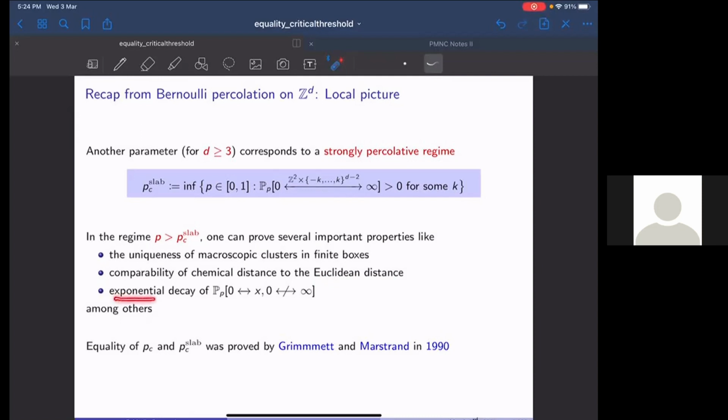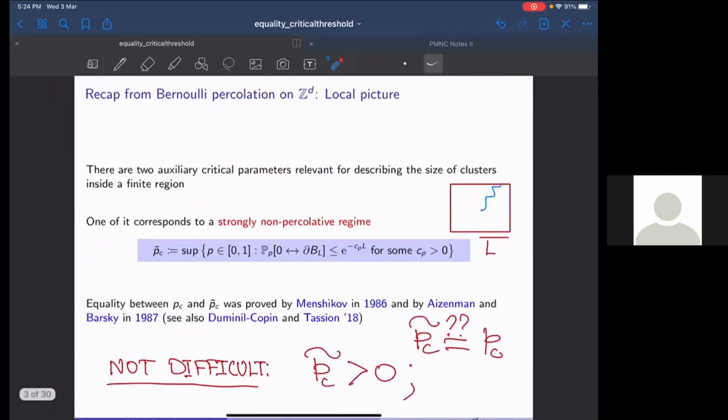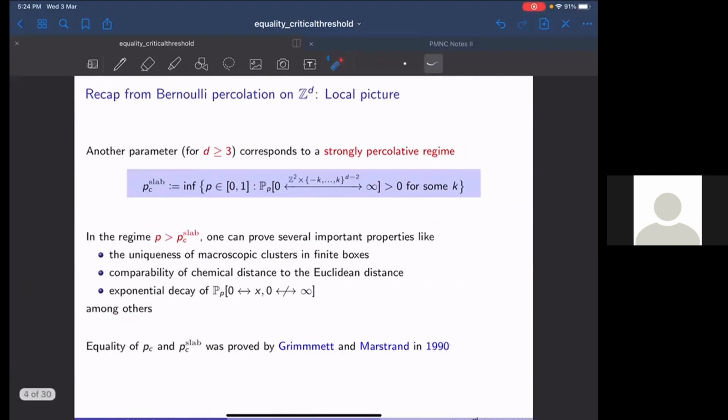Then there is another one, the so-called truncated correlation function. For the subcritical regime, we are looking at the probability of connectivity that decays exponentially. For the supercritical regime, of course, you cannot do that because you connect with positive probability.